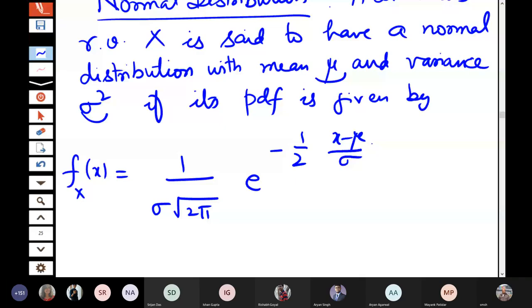Here x is on the whole real line, mu is a real number and sigma is a positive real number.